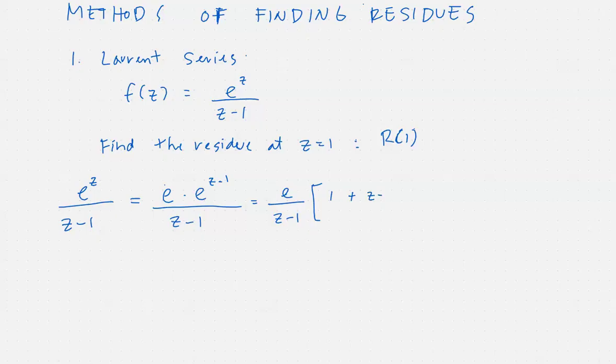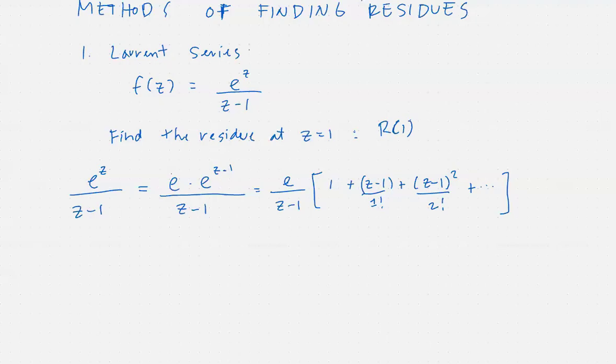Then we take the second power, z minus 1 squared over 2 factorial, and so on, right? Now doing this we have to multiply 1 over z minus 1, okay, to each of these terms inside, right?